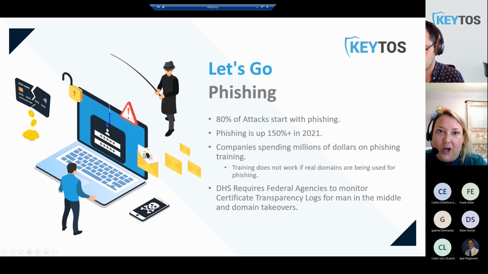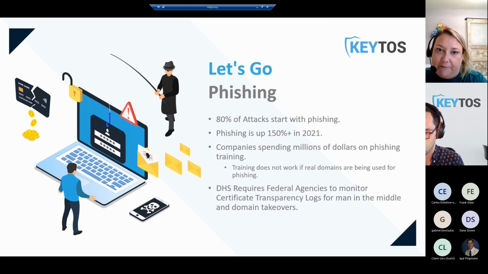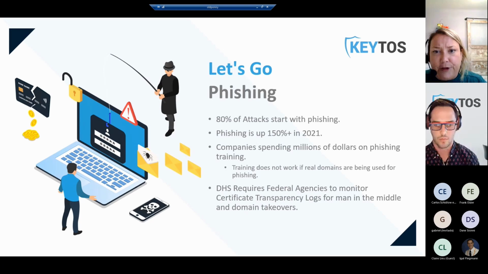Got it. So let's take it a little bit step further and talk a little bit about phishing. So we know that 80% of successful attacks start with a phishing expedition. For some reason, myself included, we've got this idea of this super genius hacker in a dark room, 14 monitors, that finds like this perfect, brilliant backdoor, but that's really not the case.